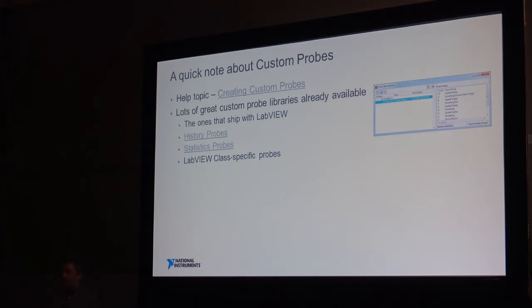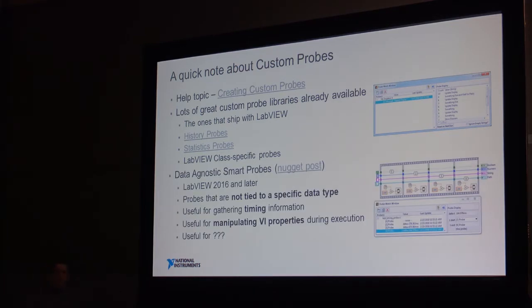If you have LabVIEW classes, you can actually define what the probe looks like whenever somebody creates a probe off of your LabVIEW class wire. But there's also a little-known feature in LabVIEW 2016 and later called Data Agnostic Smart Probes. What the heck does that mean? Well, you may not know this, but whenever you write a custom probe, it is linked to a specific data type.